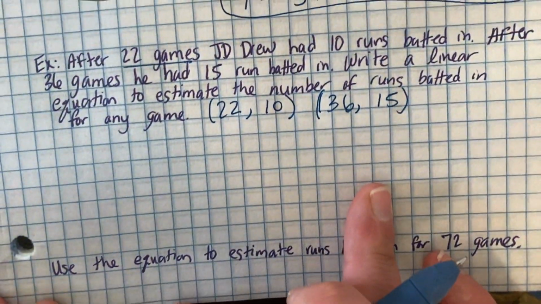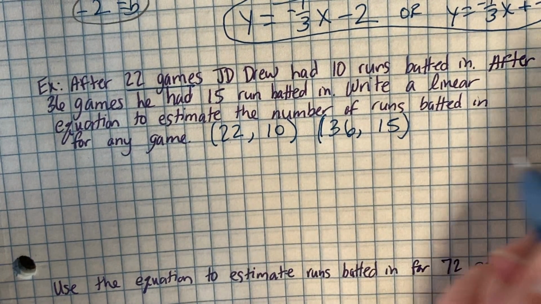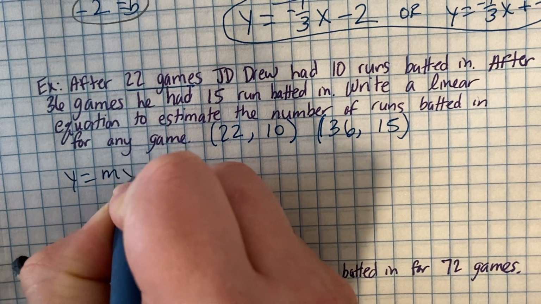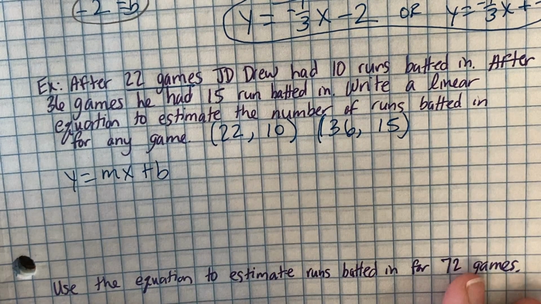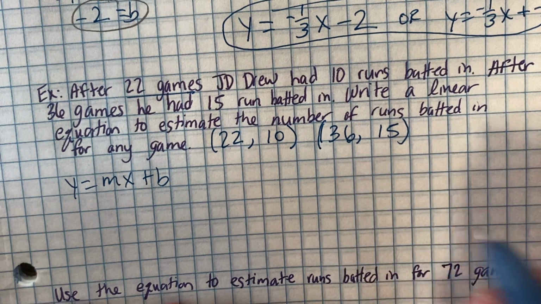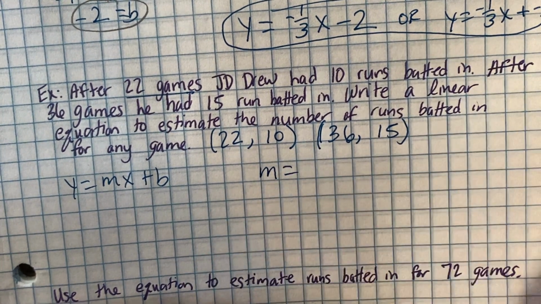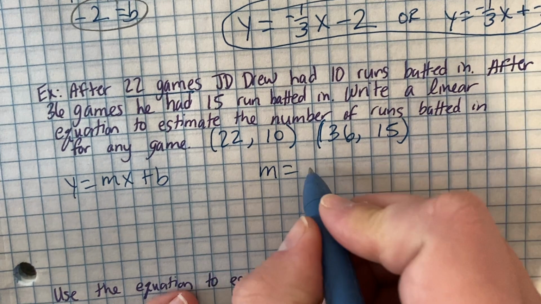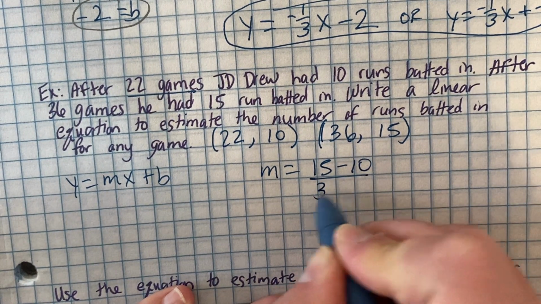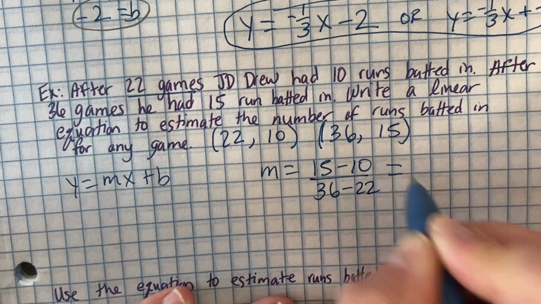So I need to use y equals mx plus b, and I need to find my m and my b. So first thing we're going to do is find our m, and that's subtracting our y's. So 15 minus 10 over 36 minus 22.